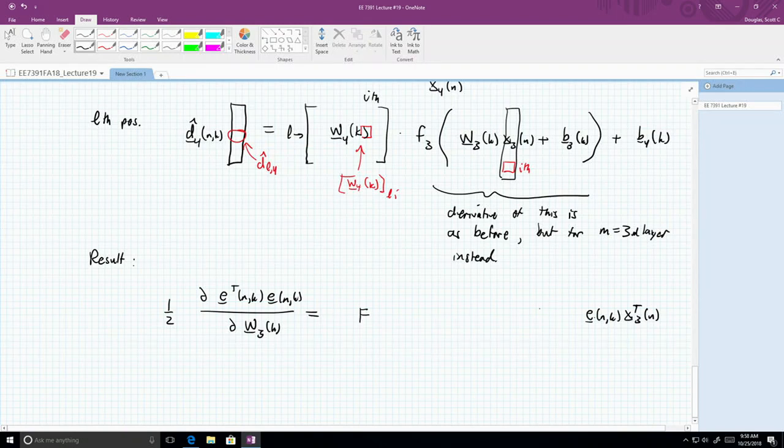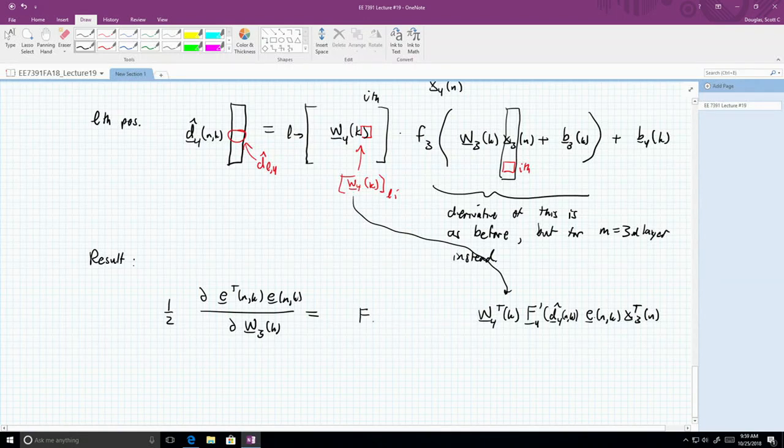And then I'm going to have F4 prime of D4 NK, that evaluation, right, that diagonal matrix. Then the effect of this is to have a matrix W4 transpose of K show up, right? Because I have that linear term showing up in my derivative.